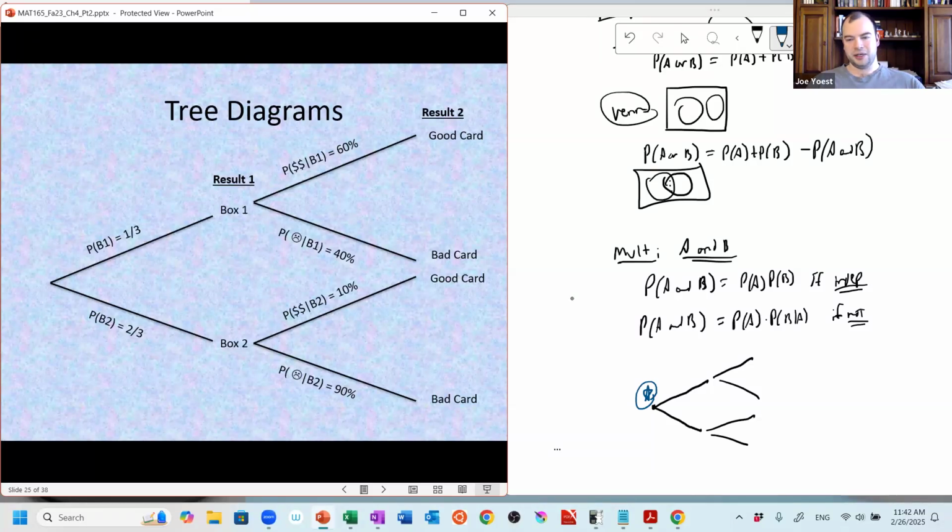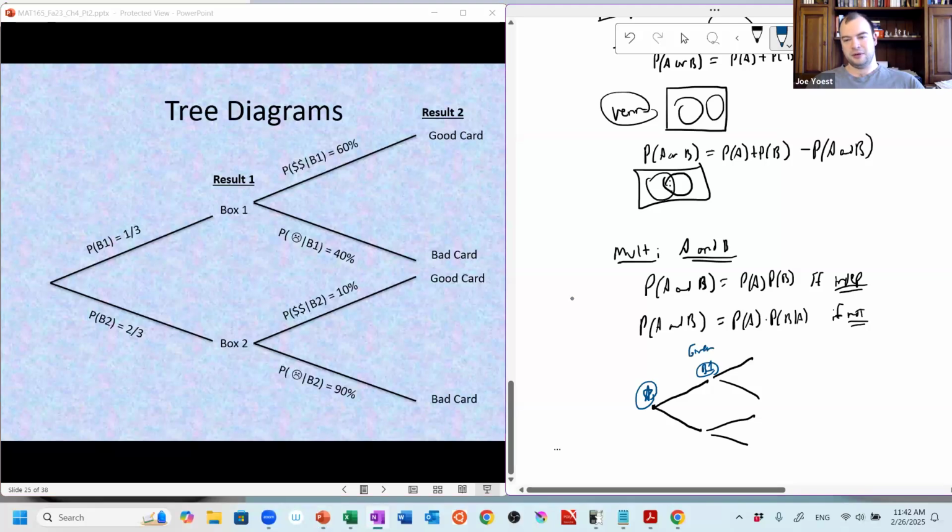Given that I got sent to box one, I could either get a good card or a bad card. That's another branching. What's the probability that I get a good card given that I'm at box one? This is a conditional probability on this branch.